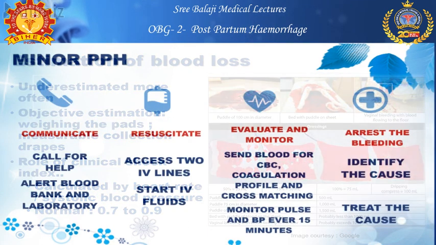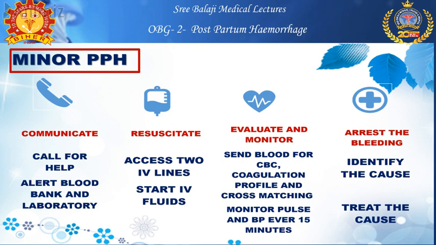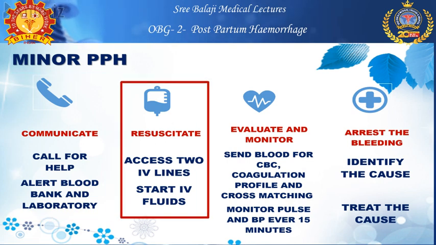Once PPH is diagnosed, the management is by teamwork and multidisciplinary care. Minor PPH: the first step is to communicate, call for help, alert the blood bank and laboratory, and call your superiors and seniors available in the hospital. Start resuscitating the patient, access 2 IV lines, start crystalloids, IV fluids till the blood gets ready.